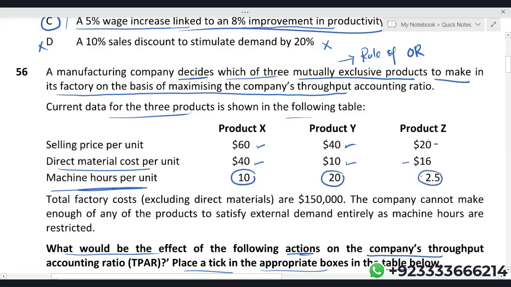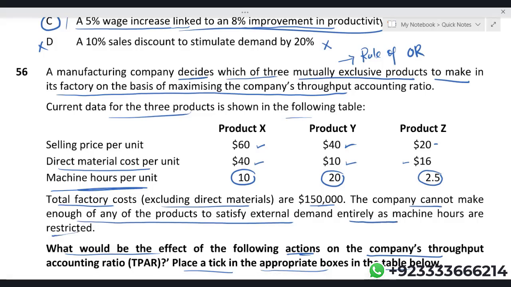Total factory cost excluding direct material is 1,50,000. The company cannot make enough of any of the products to satisfy external demand, so demand is a lot. Output is restricted entirely by machine hours, so the bottleneck is the machine hours.